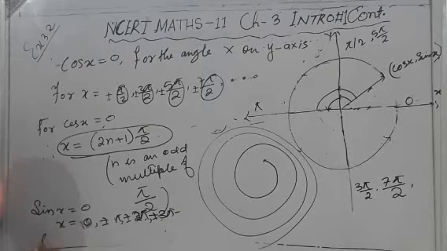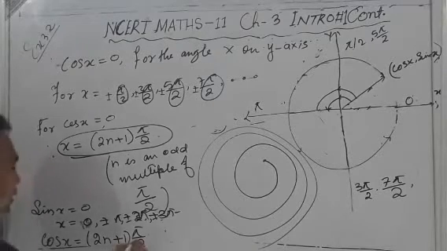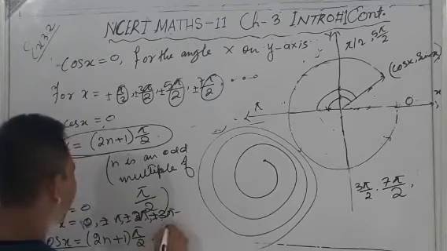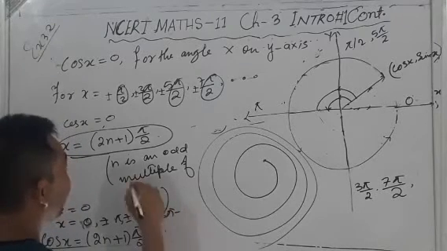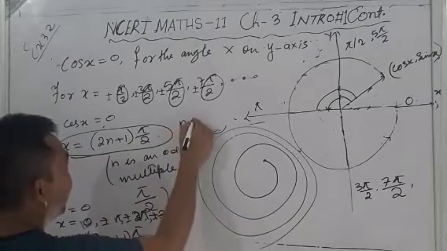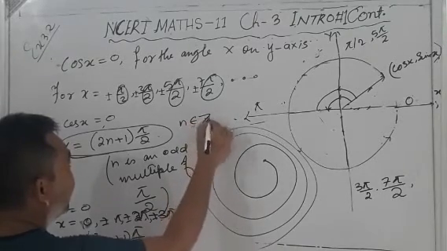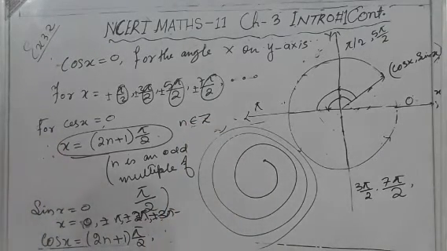And also you have to remember cos x equal to 0 when x is 2n plus 1 times pi by 2. I forgot to write that here: n belongs to Z. What is n?